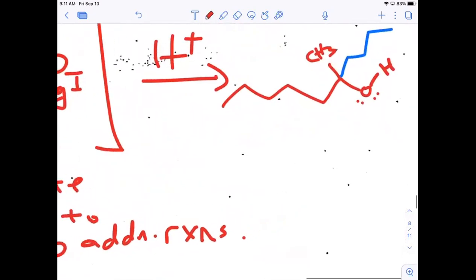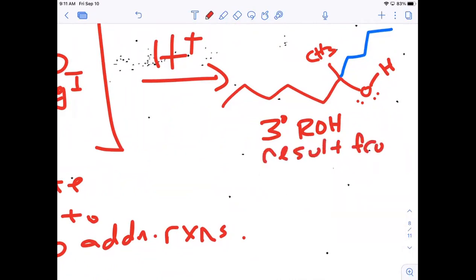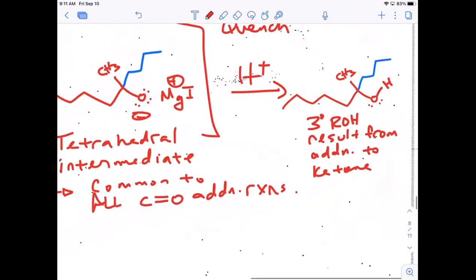In this particular case, we get a tertiary alcohol, which is what we always get from addition to a ketone. Right, so anytime we add a nucleophile to a ketone, we're going to get a tertiary alcohol.